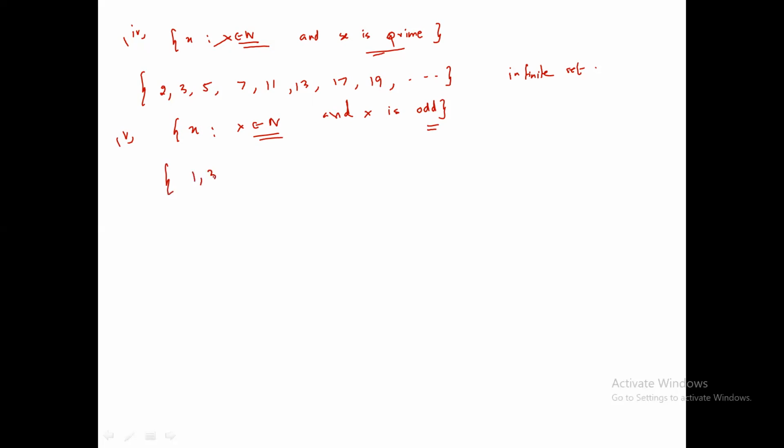So 1, 3, 5, 7, 11, 13, all these are natural numbers, and all these are odd numbers also. Natural numbers and odd numbers. But they are never ending, they will go on. So this is an example for infinite set.